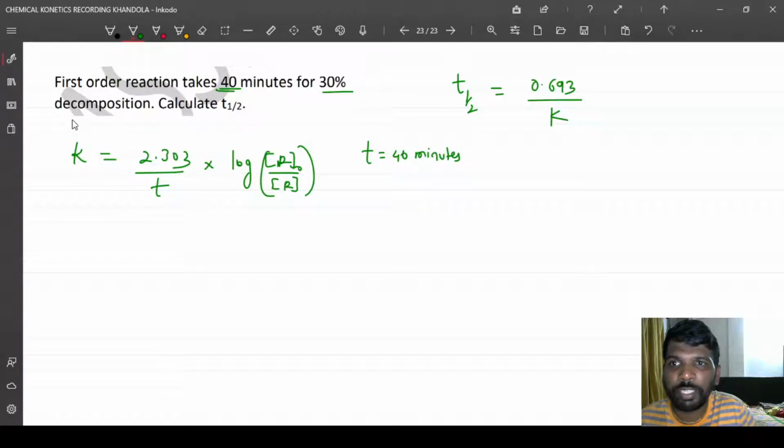and 30% decomposition. Now this is a little bit different. The word decomposition is used. 100 is there, and out of 100, 30% is decomposed. I mean, how much is remaining? Decompose means to get reacted or to get degraded.